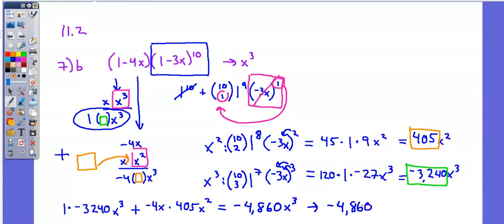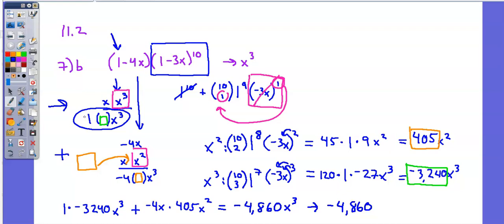The coefficient is negative 4,860. So summarizing the procedure, in the given, I'm going to be multiplying some binomial terms by 1 minus 4x. So I want to recognize that when I multiply by this 1, if I have an x cubed term, that will produce x cubed. And so that was the first setup that I did towards the top of the left side.